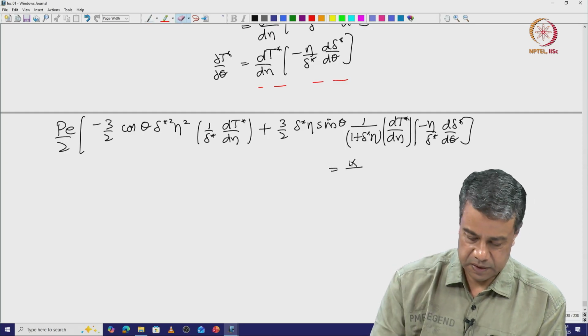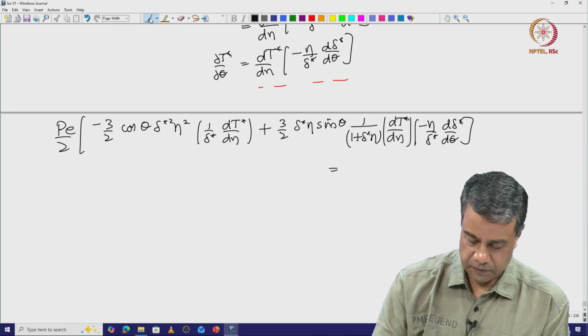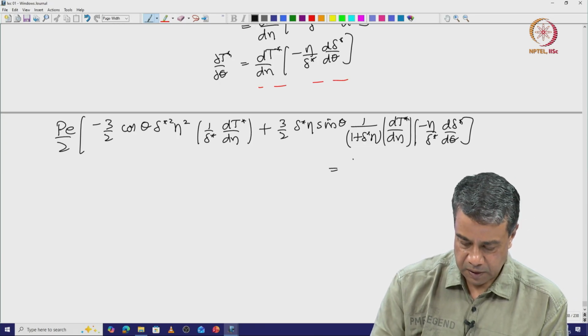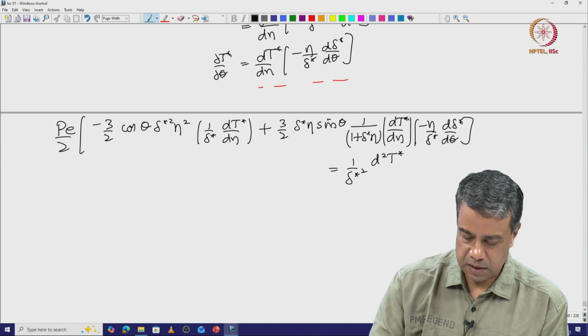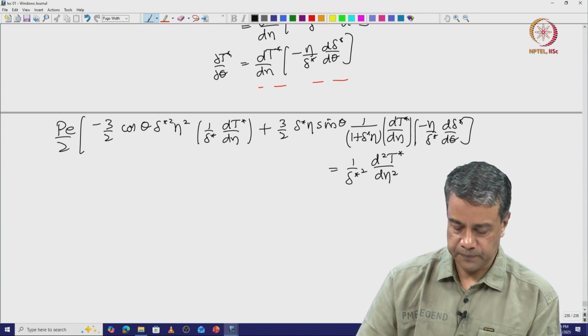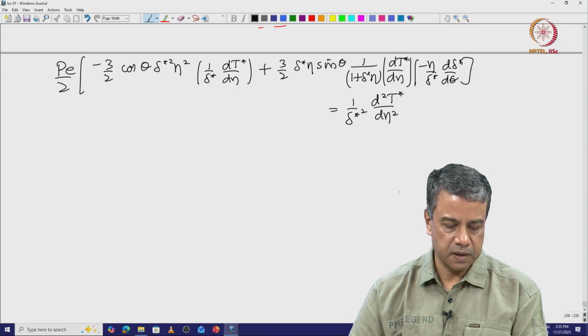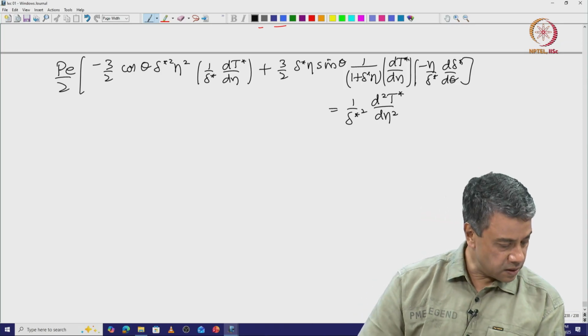There is no alpha because I have already got a Peclet number. So that is what my equation reduces to.